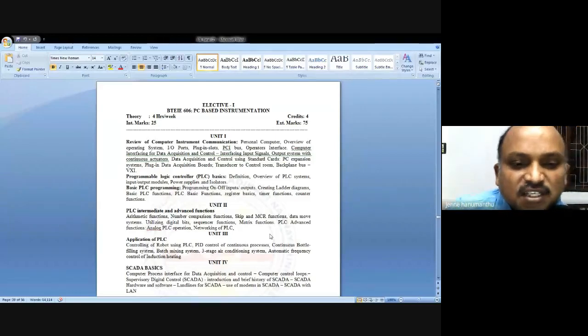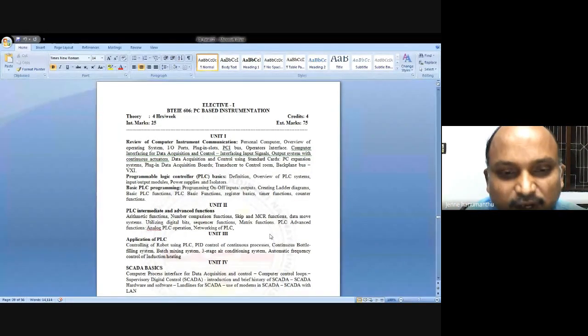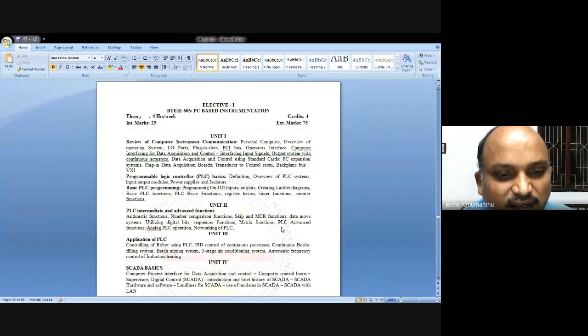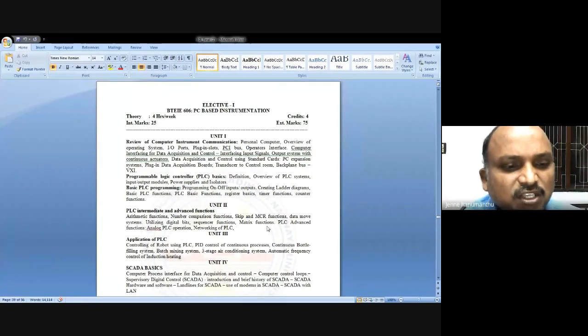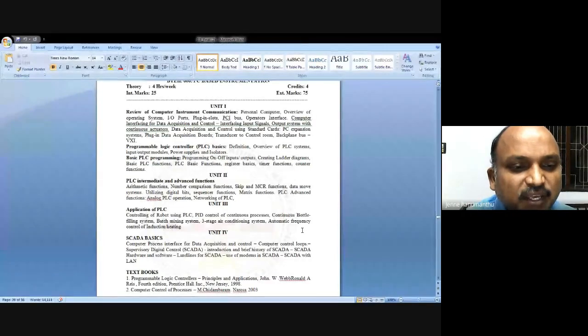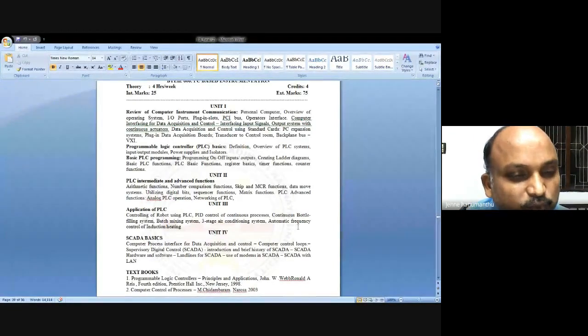How this PLC will function, how it will act on other devices, how it is going to give some functions to the devices. The third chapter deals with applications. Applications means with these programmable logic controllers, how we can build some real-time devices or real-time systems.